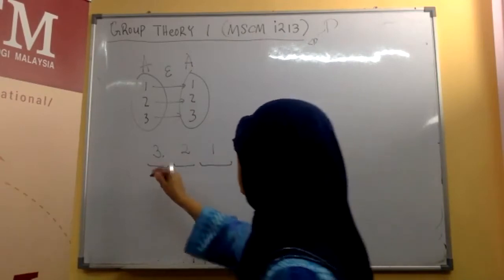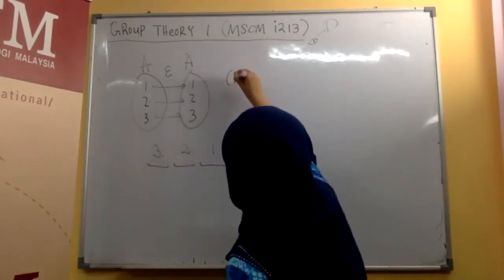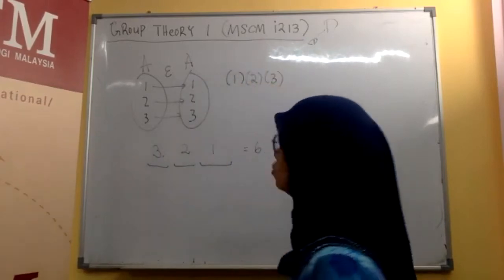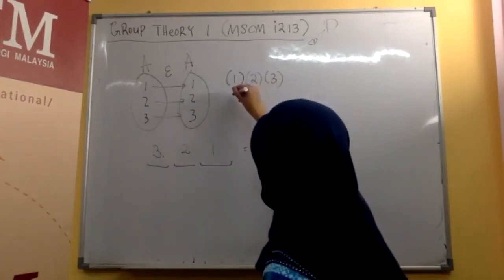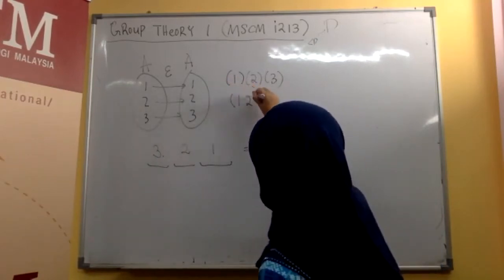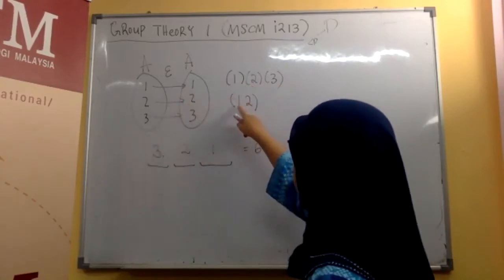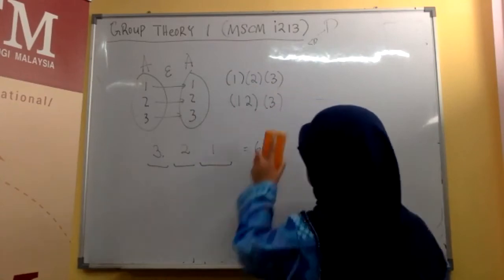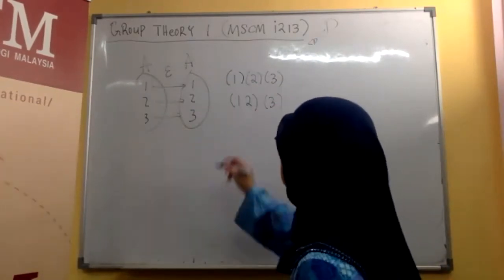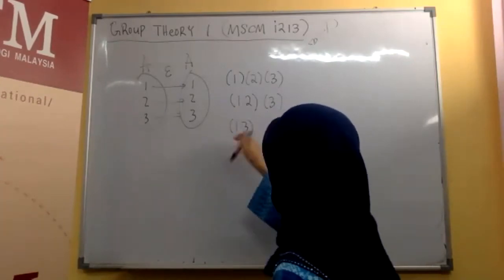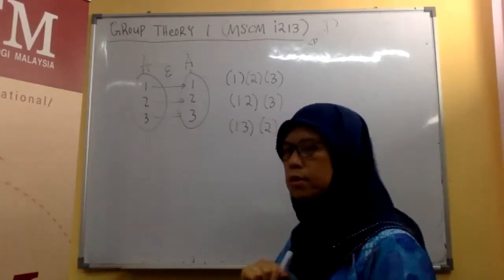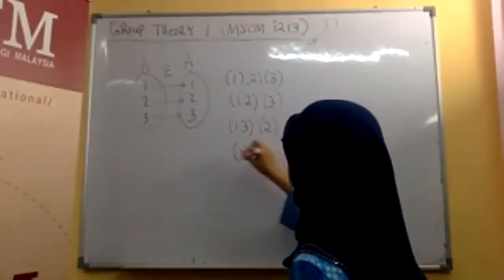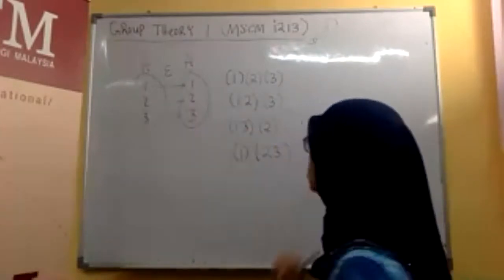So this one, in cycle form, is 1 to 1, 2 to 2, 3 to 3. That's one of them. Another one is 1 goes to 2, 2 goes to 1, 3 goes to 3. Another one is 1 goes to 3, 3 goes to 1, 2 goes to 2. Another one is 1 goes to 1, 2 to 3, 3 to 2.